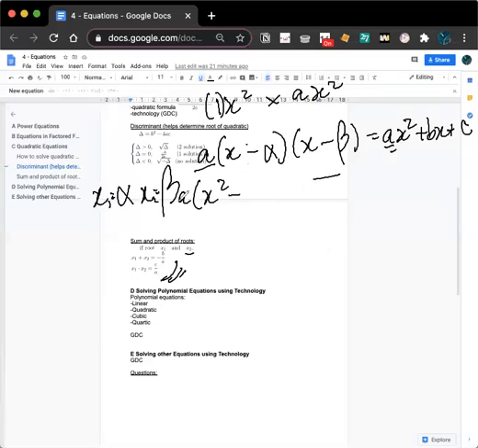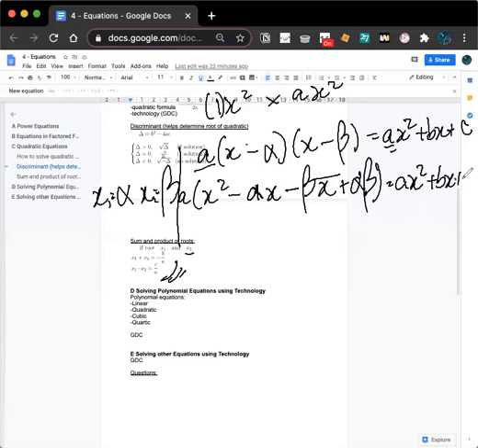x squared, ax squared minus alpha x minus beta x plus alpha beta equals ax squared plus bx plus c. And again, we're going to move this here to make it easy.